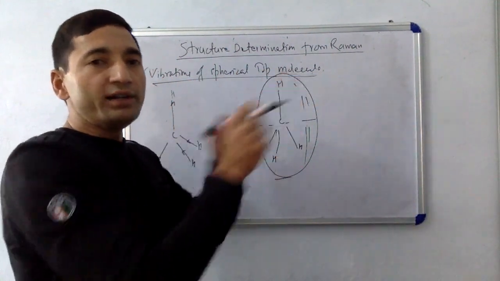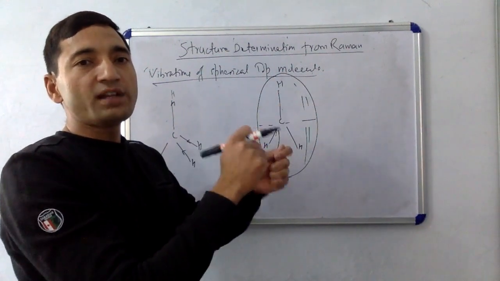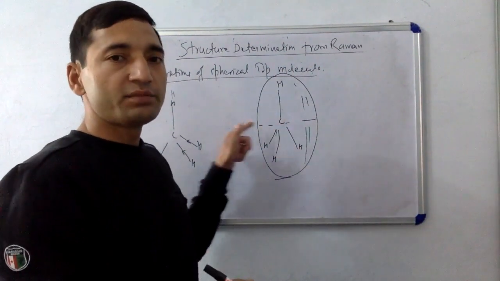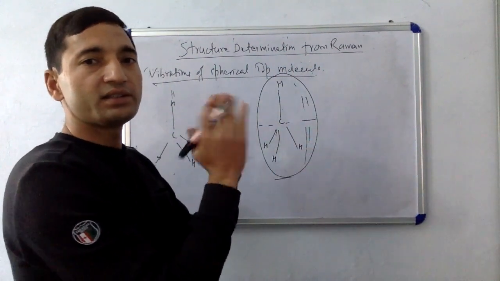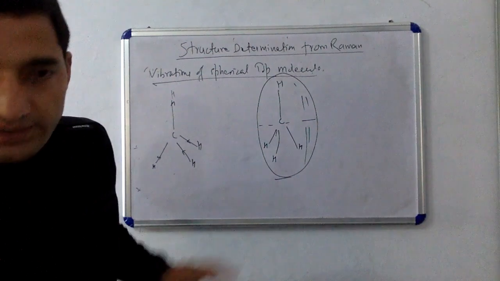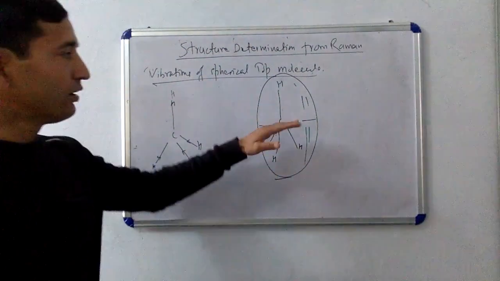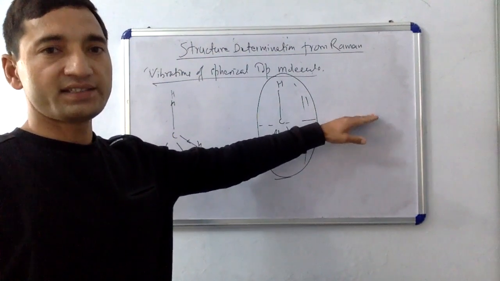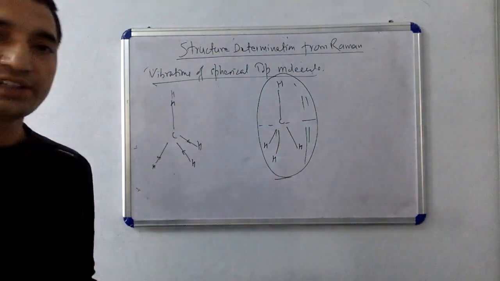So the orientation of the induced dipole moment may be in any direction, but along the minor axis. Then the output will be depolarized, which means you are getting intensity in the perpendicular direction, or the other orientation of your analyzer.